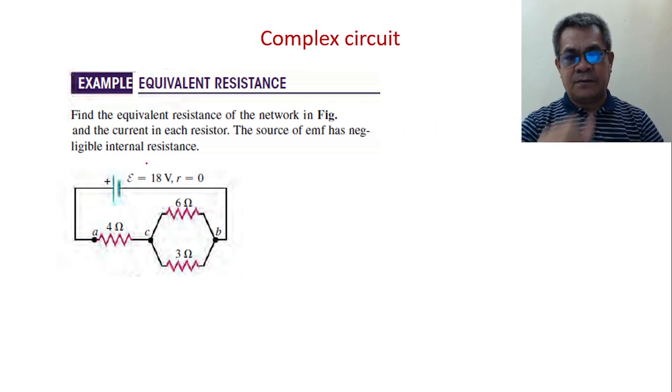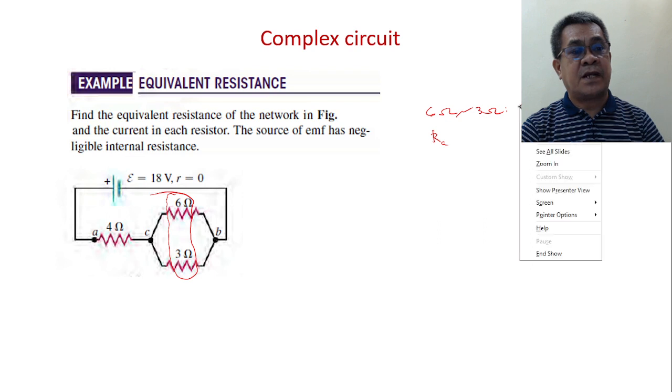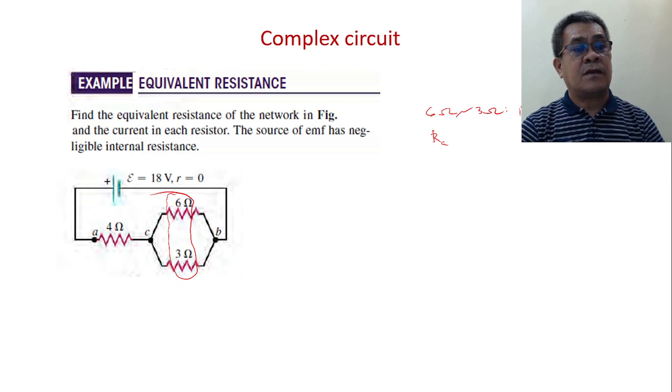Again, you have to combine this, one into one. So the combination of 6 and 3, I will call this RA, because 6 ohms and 3 ohms are connected in parallel. So if you combine the two, you can use the shortcut, the product of the two divided by the sum of the two.